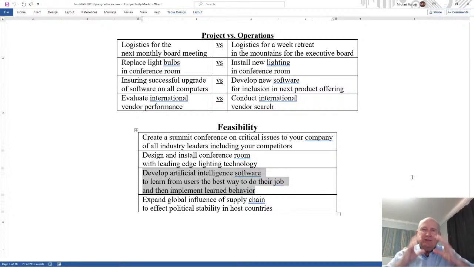But then if we can do it, what are the implications of doing that? Is this project going to create other types of problems down the road? And we see a lot of problems today with artificial intelligence encroaching in other people's affairs. How much of this should we do? Can we do? And so we have to be really careful about the feasibility and how far we would go with a project.